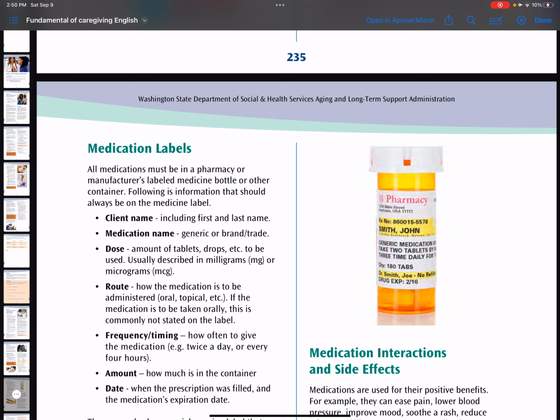These side effects can be mild or moderate, and they can be severe. When it is severe, it can bring a person to a very bad condition, to the point that we have to take them to the hospital so they can get treatment.